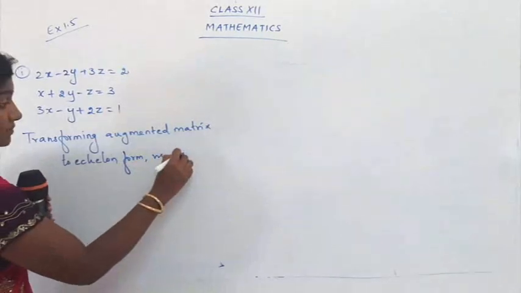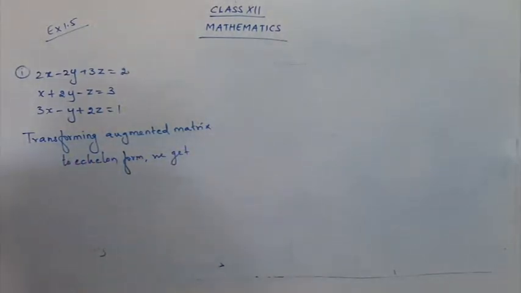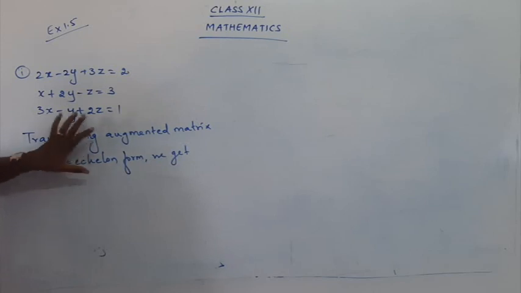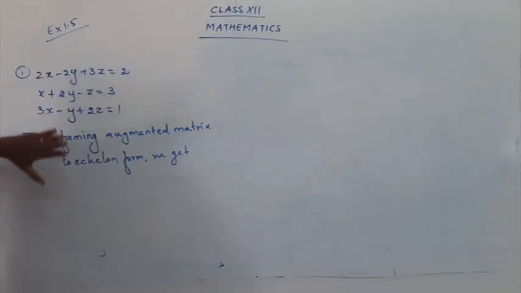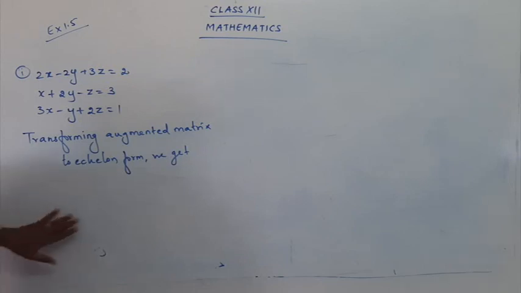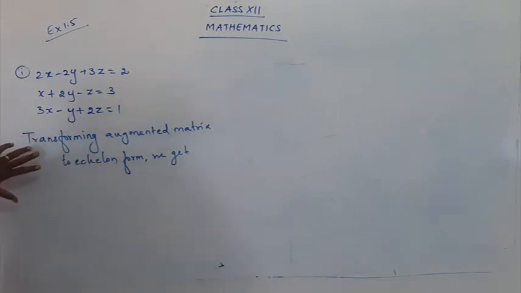After transforming the matrix into echelon form, we are going to find the unknown values, that is x, y and z. So I'll just go on. When we solve, I'll tell you the meaning of augmented and what echelon is and everything. So just write the statement first.